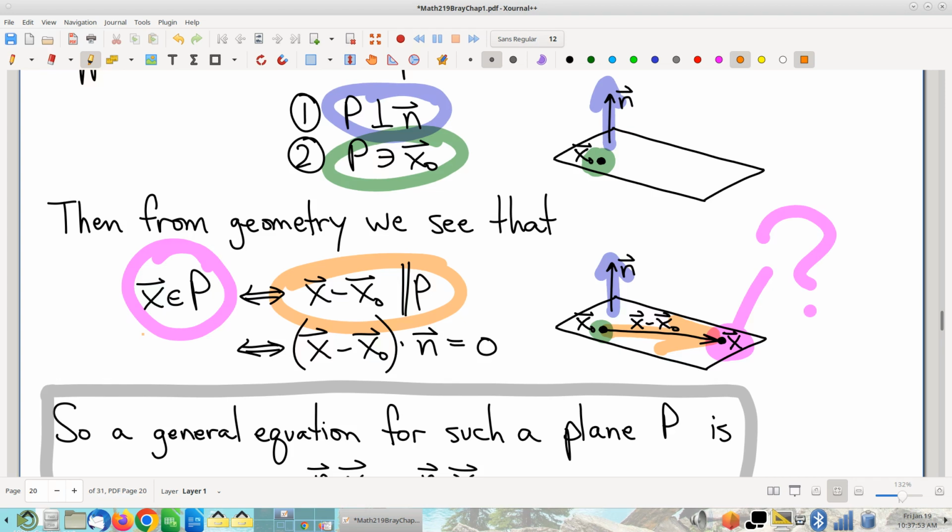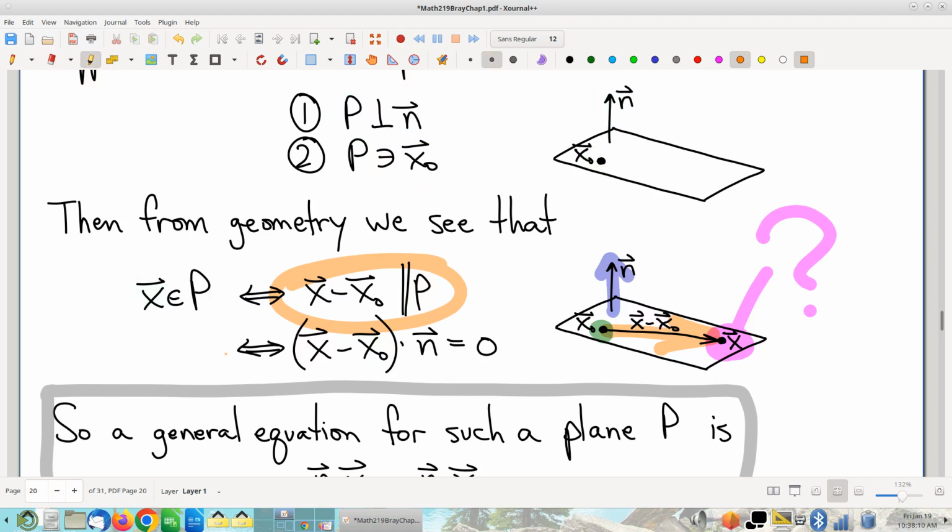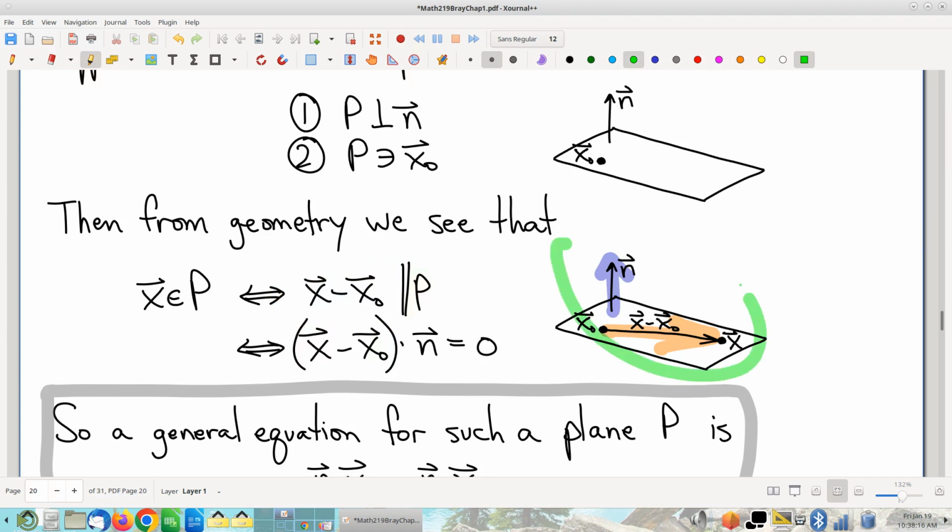I have 2 points in the plane, and when I subtract, it's parallel to the plane. Parallel to the plane means that those two vectors are orthogonal.